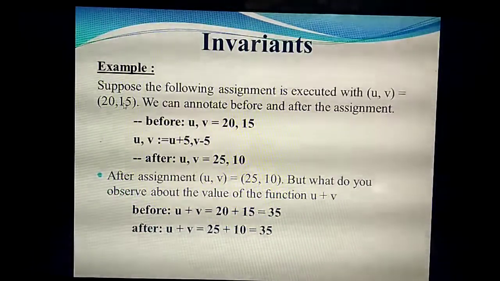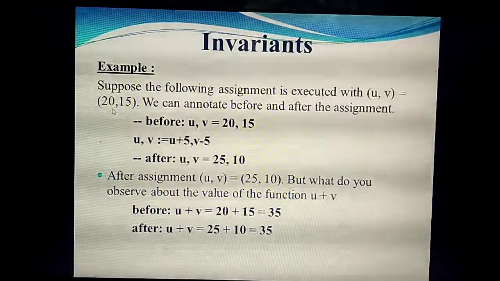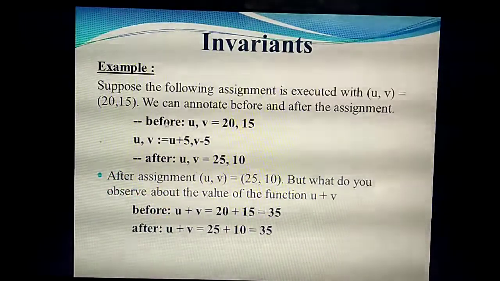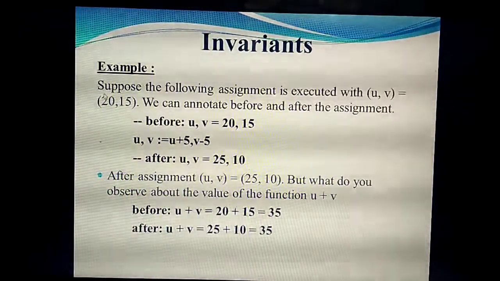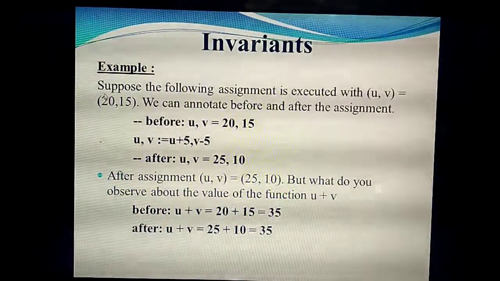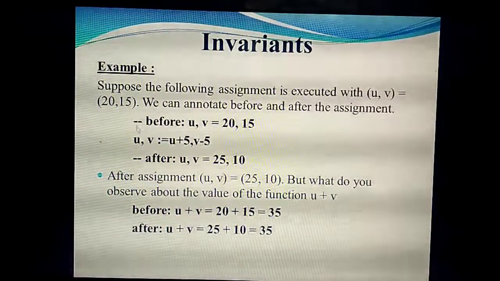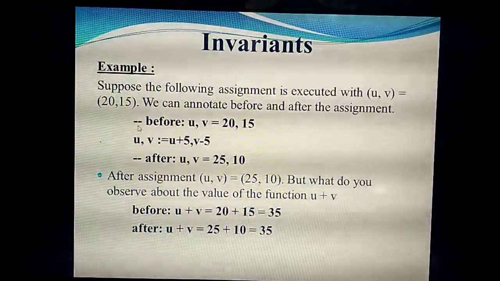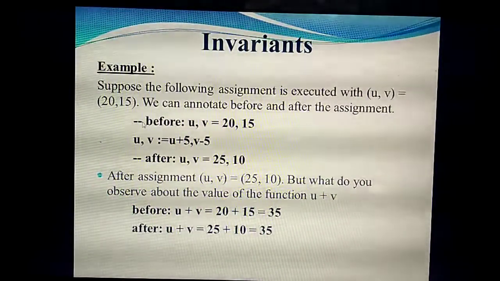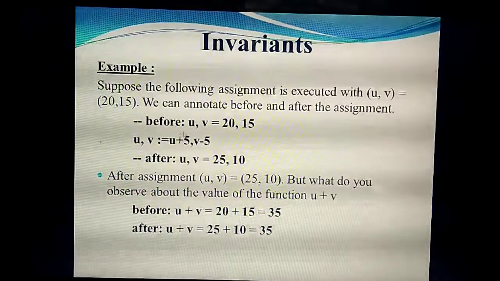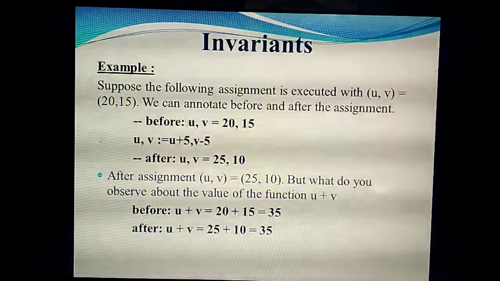Understand? So see this example. What's the value of u and v? 20, 15. You need to write this problem as comments. Already we have studied how to write a specification, isn't it? The specification algorithm also should be written with comment lines. A comment line always starts with 2 dashes. So you should write before, then a colon.